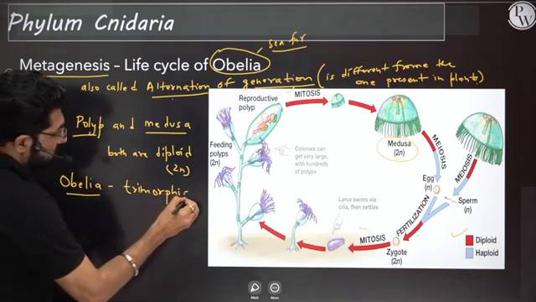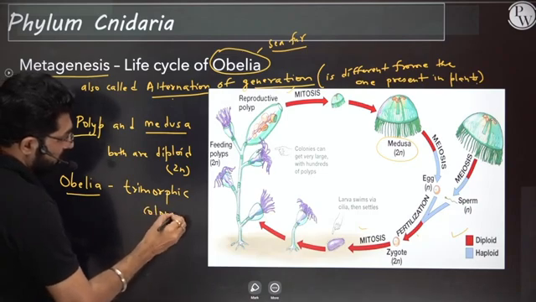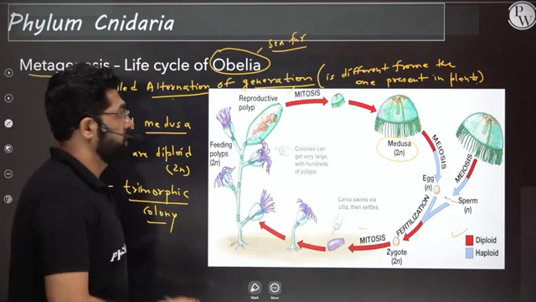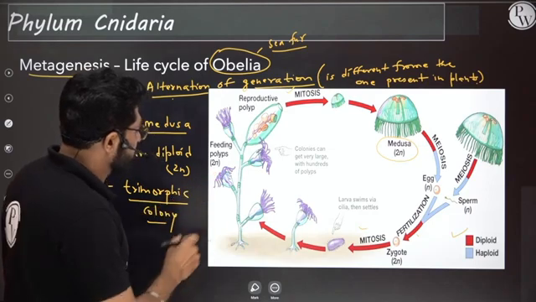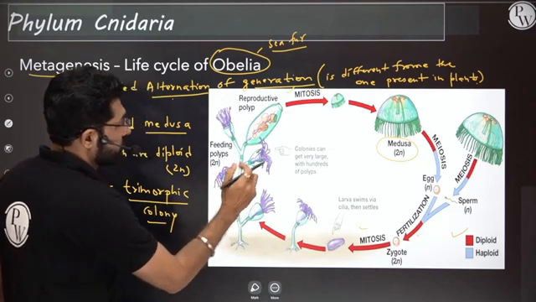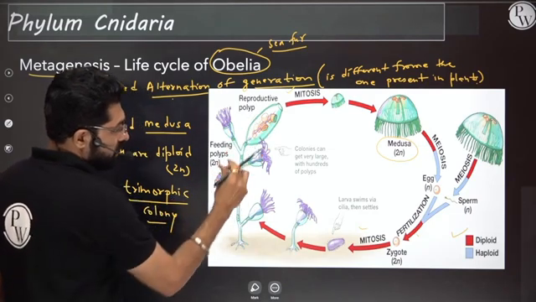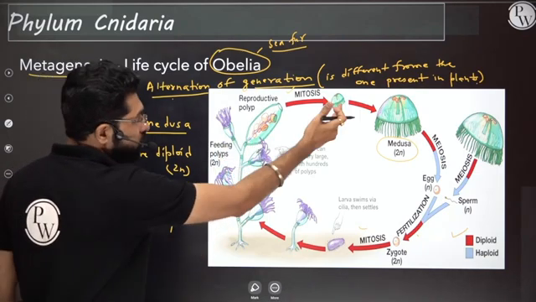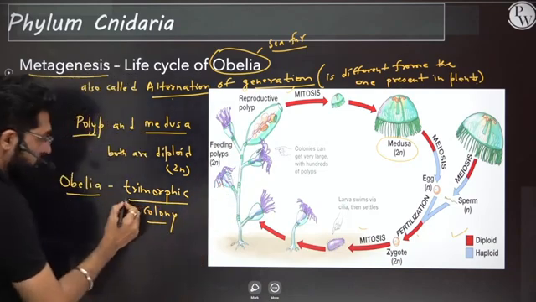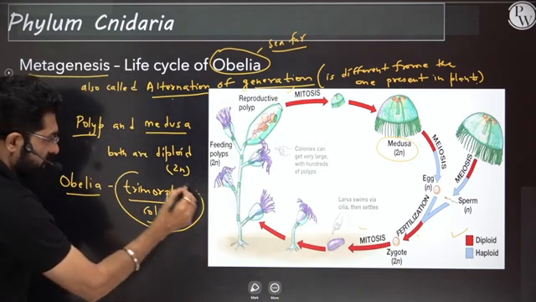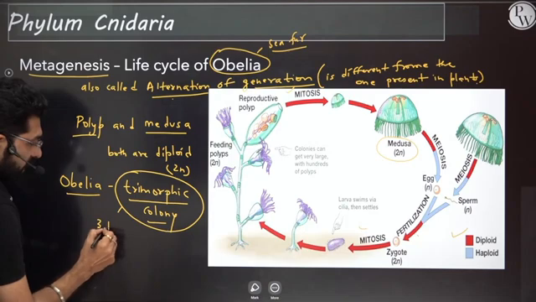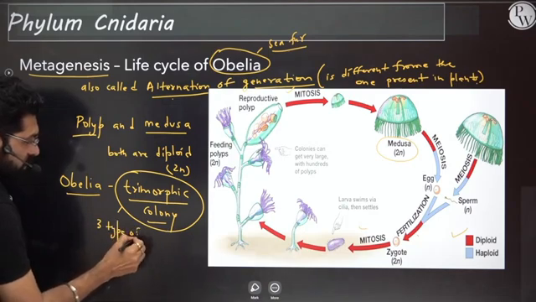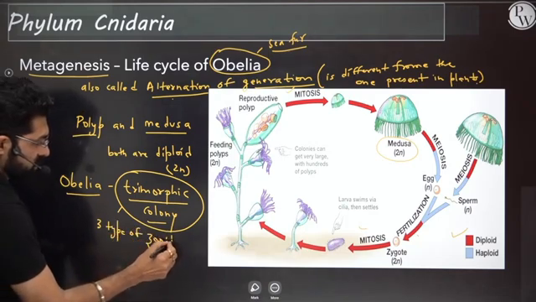What do you mean by this? Trimorphic colony means it has three types of zooids: the blastostyle, the polyp, and the medusa. Trimorphic colony means three types of zooids.